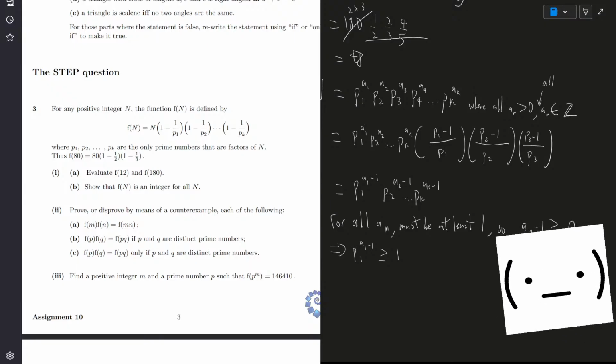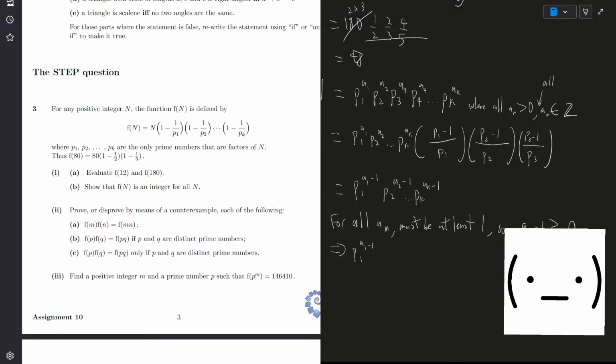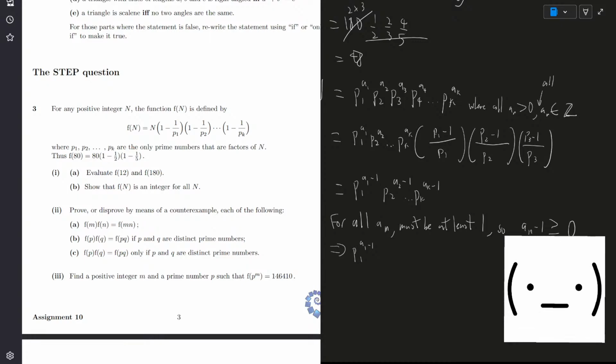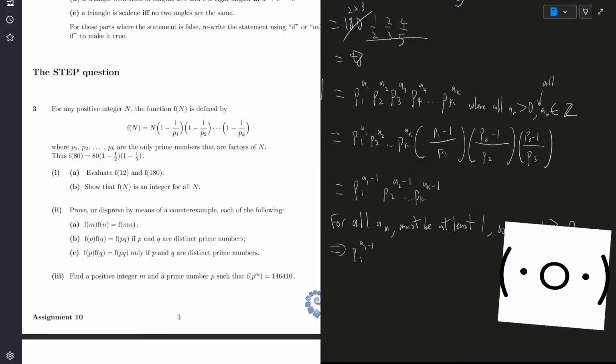No, that's not what we want to figure out. Okay, no. So we can write the truth.